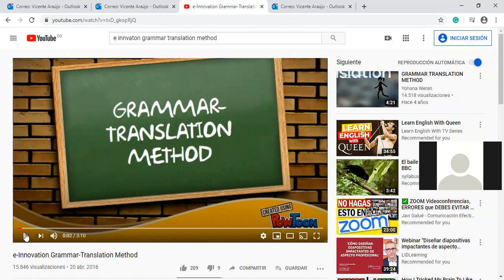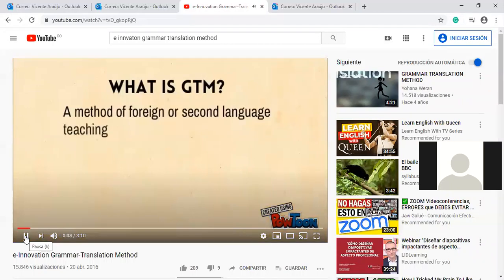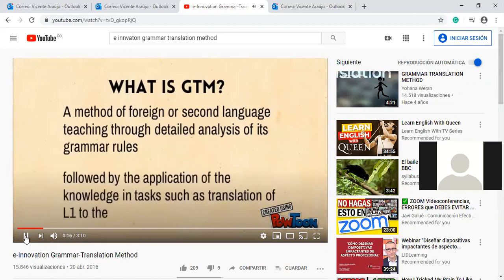Here we go again. Okay? It was used for foreign or second language, both foreign or second language. We already know the difference between these two terms.